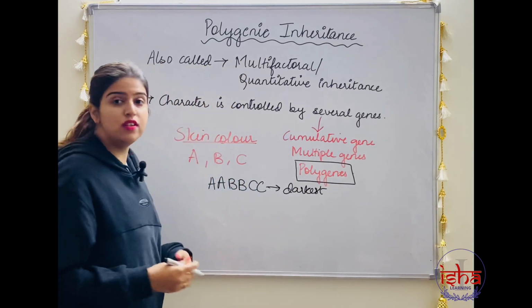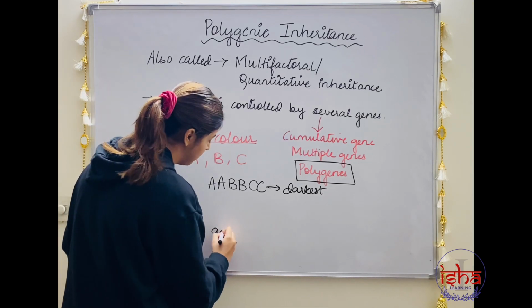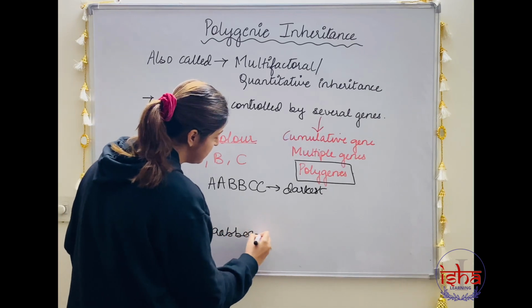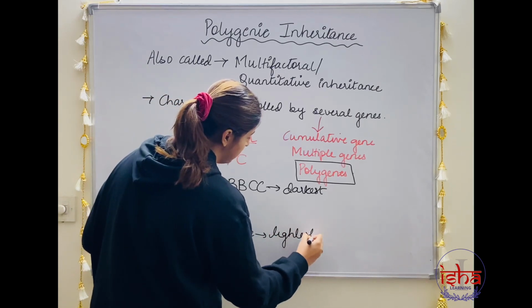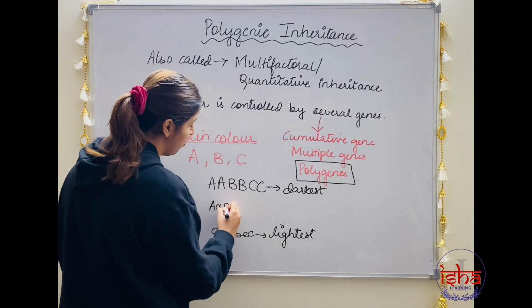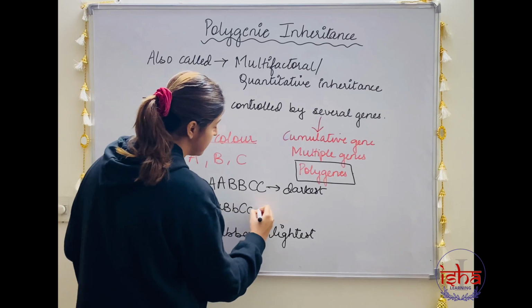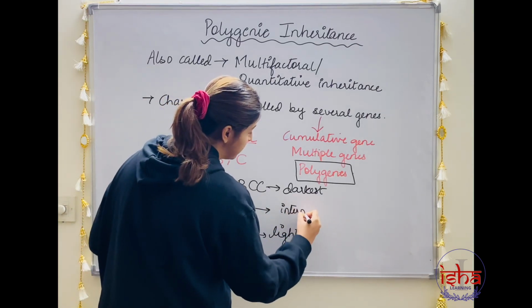Let's say all the genes are of the recessive type. So no melanin is going to be synthesized, and the skin color is going to be the lightest. And if the situation is intermediate, means all the genes are heterozygous, here the skin color is going to be intermediate.